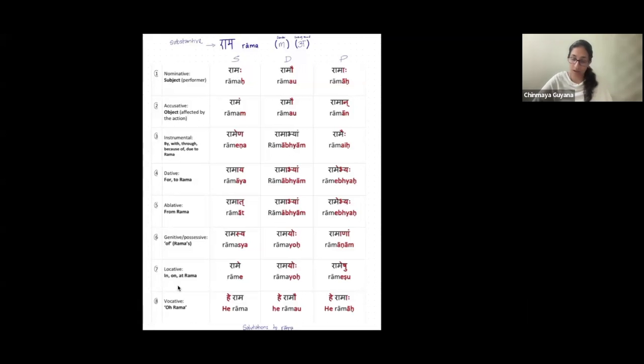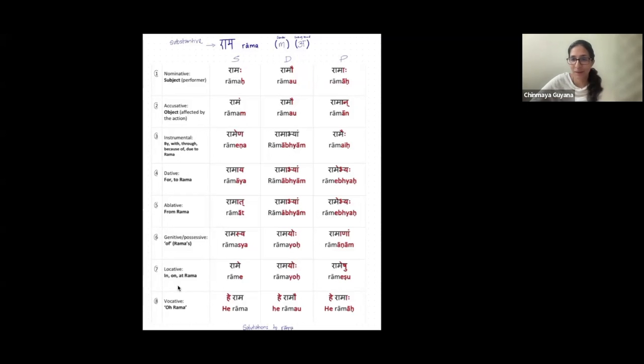Ramat, Ramabhyam, Ramebhyah. Ramasya, Ramayoho, Ramanam. Rame, Ramayoho, Rameshu. He Rama, He Ramau, He Ramaha. Okay, one more time. See if you can say some of it with your eyes closed.